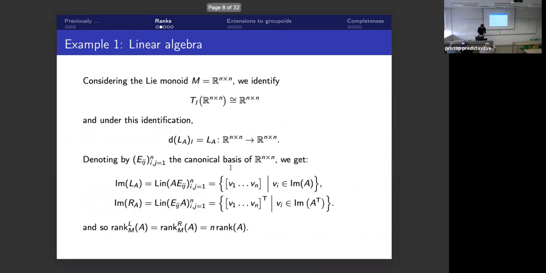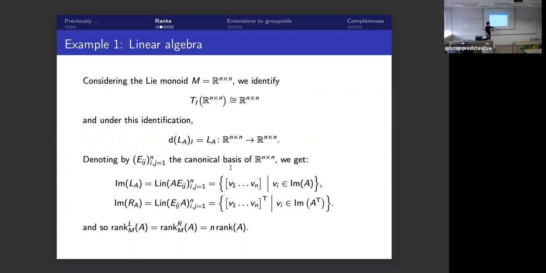Okay, and the first thing that we want to focus on is, of course, the example of the Lie monoid of matrices under matrix multiplication. Well, since this is a vector space, we can identify its tangent space at the identity with the vector space itself.